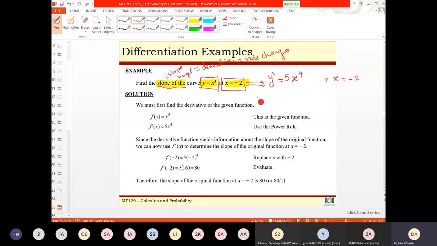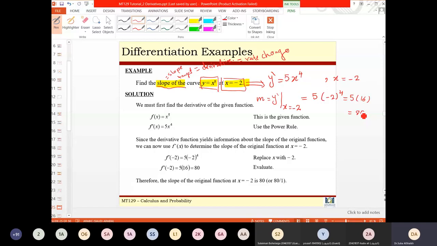So if I want the slope, the m, it's nothing but the y dash when we change the x with -2. So this means 5 times (-2) to the power 4, which equals 16. So 5 times 16 equals 80, and this answers the question.